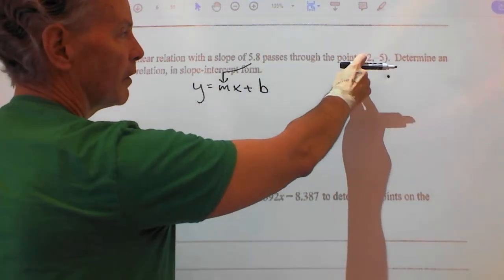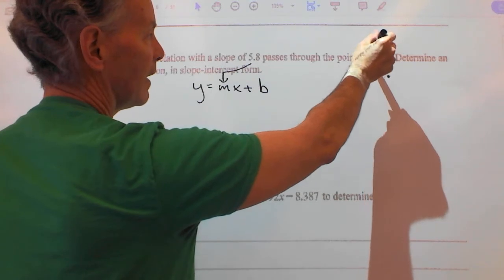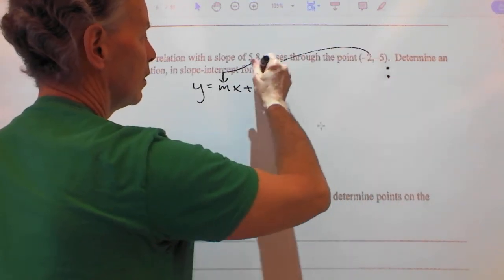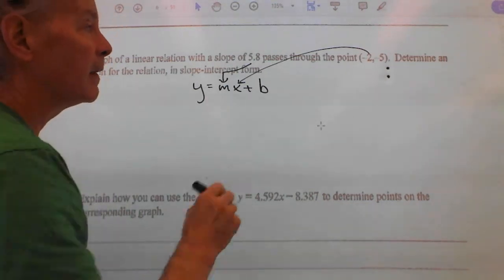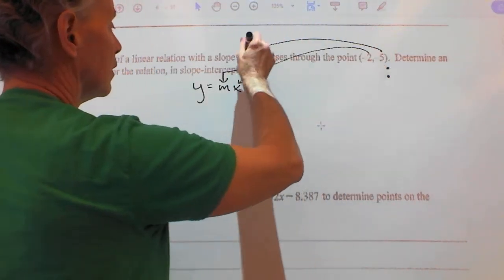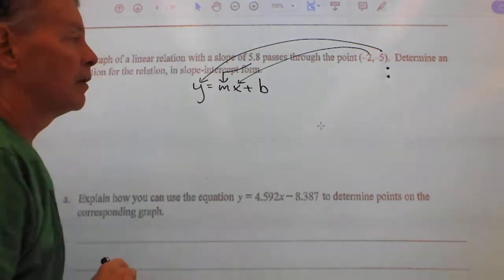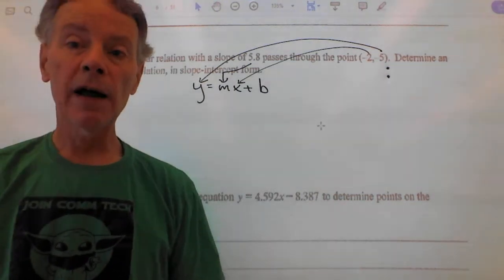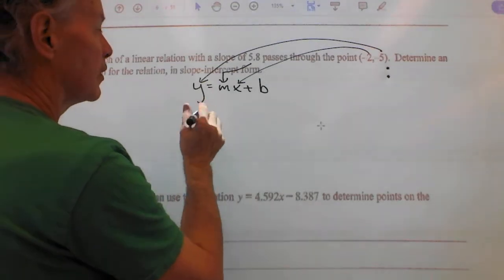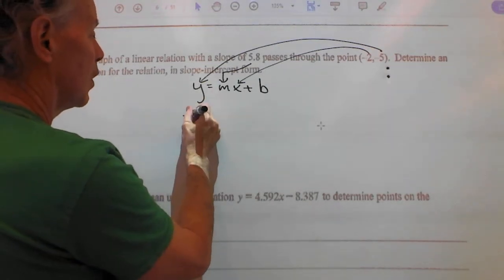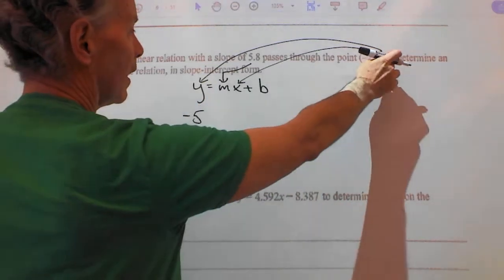And look what else they've given us. They've given us an x coordinate. We can plug that right in there where you see x. And they've given us a y coordinate. We can plug that right in over here where you see y, and then we'll have an equation that looks like this. Instead of y, it's -5, right?